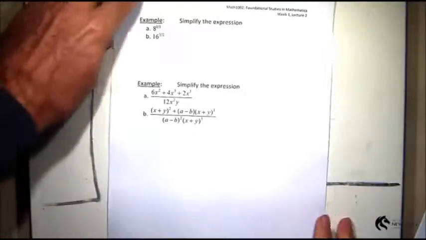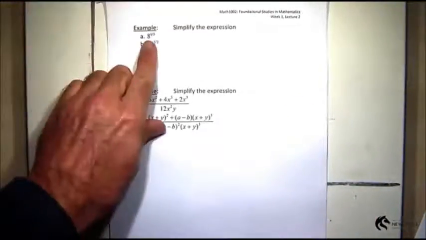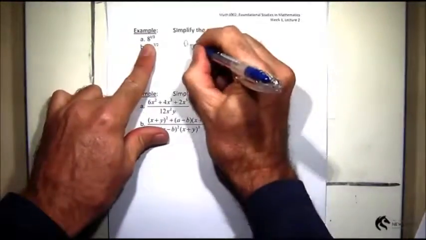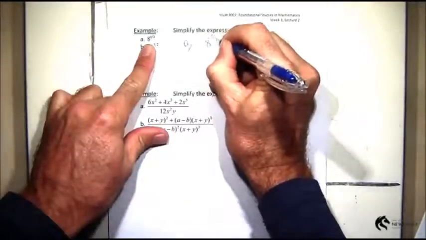I might put that one on top of that. Oops. Actually, that's the one I really want to keep because I want to keep those laws visible. Okay, so let's use that last law up here. And at this stage, I've only got a numerical example here. So let's do part A. It says 8 to the 1/3.